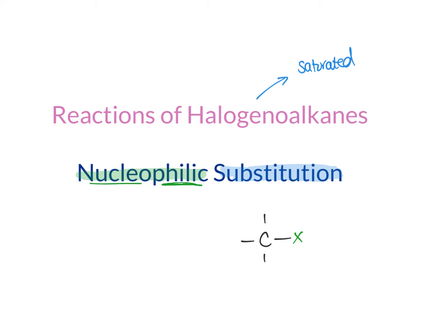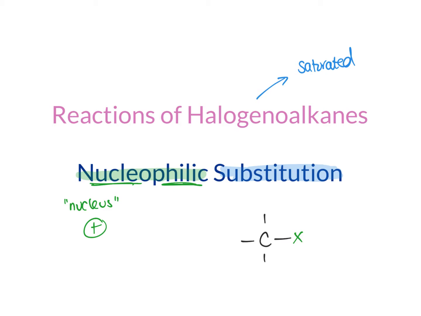This nucleo bit, let's have a think what that means. That nucleo bit refers to the nucleus. And if you think about the nucleus of an atom, the nucleus of an atom contains protons, which are positively charged. So nucleophiles are particles that are attracted to positive or partial positive charges.